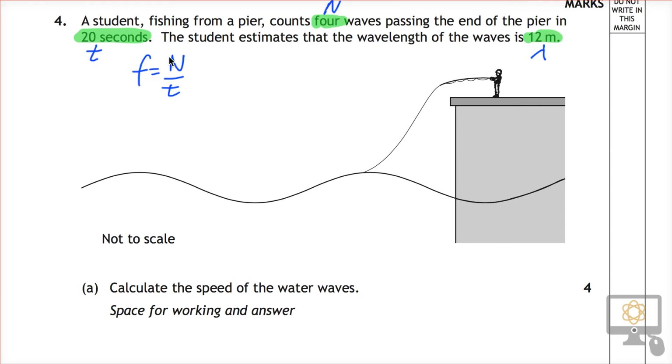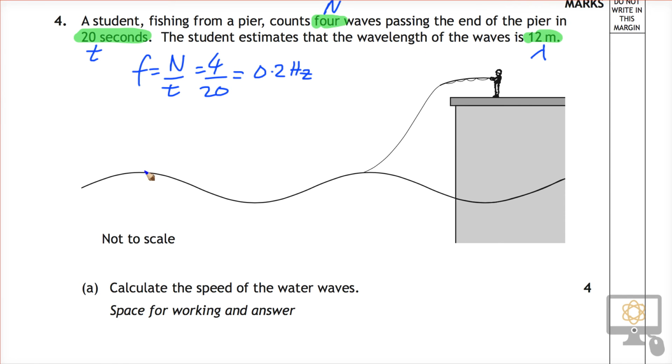So we've got 4 waves in 20 seconds, so we can easily calculate that the frequency is 0.2 hertz, and that's the number of waves in 1 second.